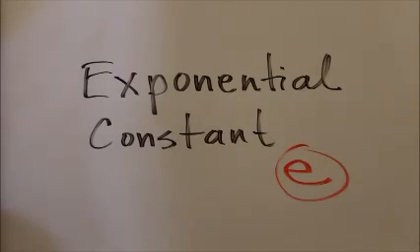Continuing the saga of logarithms in a nutshell. So far we've been dealing with base 10 logarithms, but there's another kind of logarithm, and that uses a base which is an irrational number called e, the exponential constant.